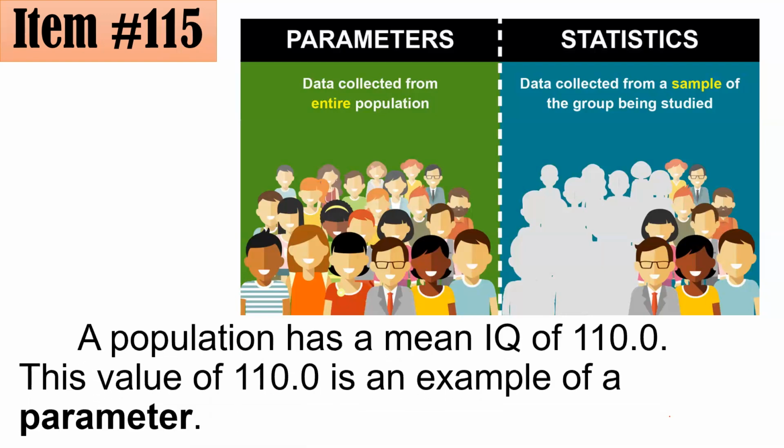That's why a population has a mean IQ of 110, and this 110 is actually a parameter. Dahil sa population po siya kinompute. Pero kung sabi dito a sample has a mean IQ of 110, so statistic po yan. Pero dahil population, parameter po yung tamang sagot.